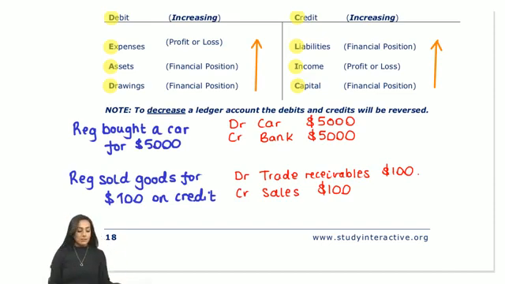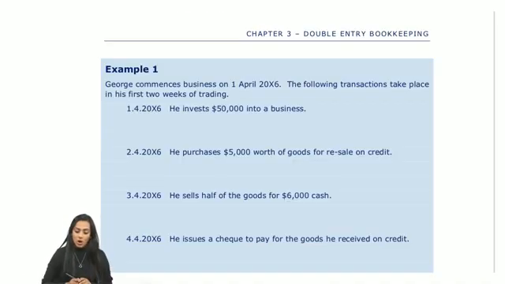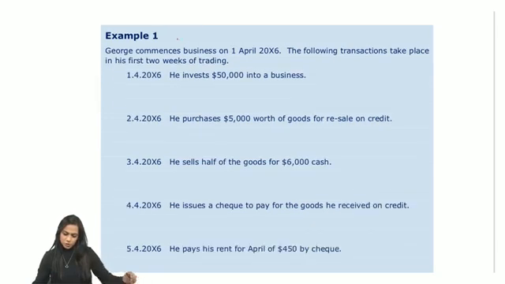So there you have it, guys. These are examples of double entry. And you need to ensure that you learn the language of Dead Click in order for you to excel in all the questions that we are going to be doing from now on out. Okay? So what we are going to do is have a go at the example on the next page, example 1, where we have to do something for George.